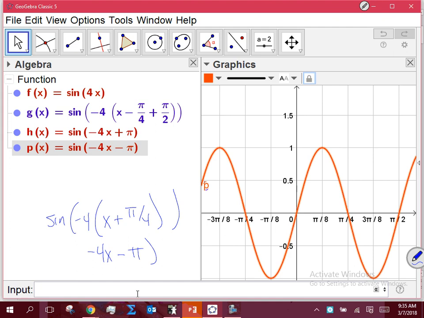Because if we have, just think about this. I don't know if I'm going to be able to do this the way I want to. Let me think. Sine of 4x. Let's do this. 4 times a x. See if this will do what I want.